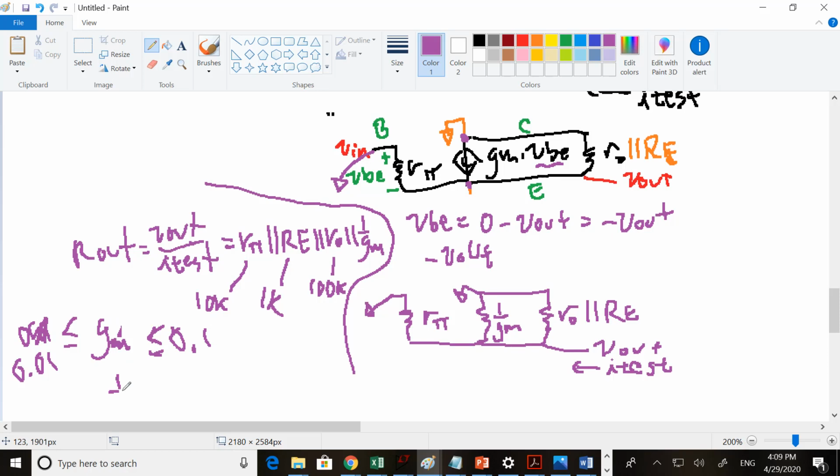So 1 over GM is often greater than 10 to 100 ohms. So if you're going to put a 10 ohm resistor in parallel with these, what happens is your R out is approximately 1 over GM.